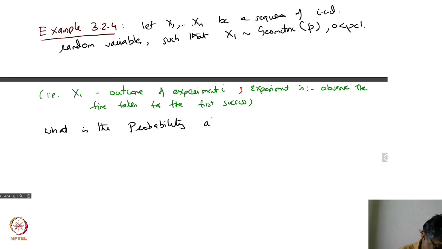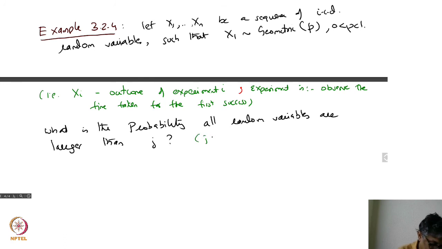That is, what is the probability that all random variables are at least j, where j is some number bigger than or equal to one?